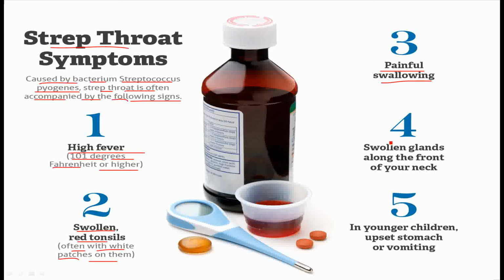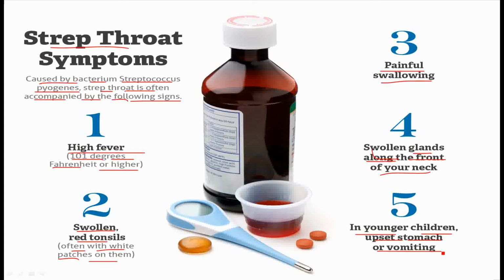Point 4 is swollen glands along the front of your neck. Glands in the front of the neck swell up. Point 5 or fifth sign of strep throat is in younger children, upset stomach or vomiting.